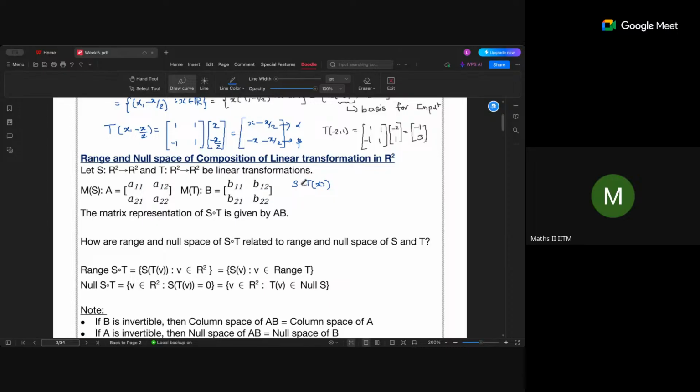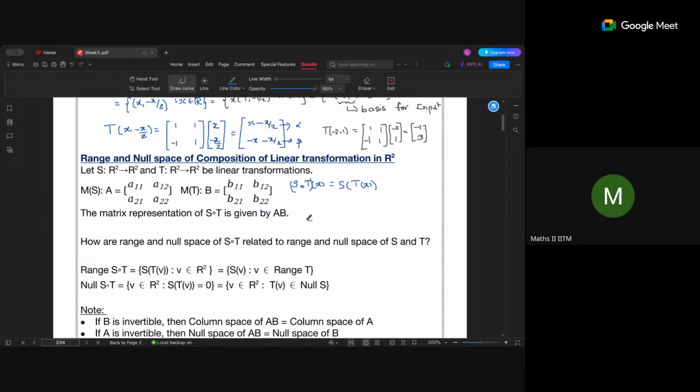S composition T of X is equal to S of T of X. This is the definition of S composition T of X. So here you see that the matrix representation of S composition T is simply the product of these two matrices, AB.